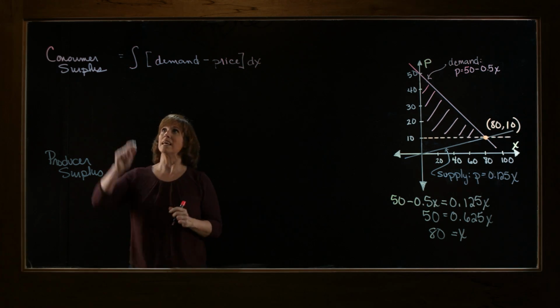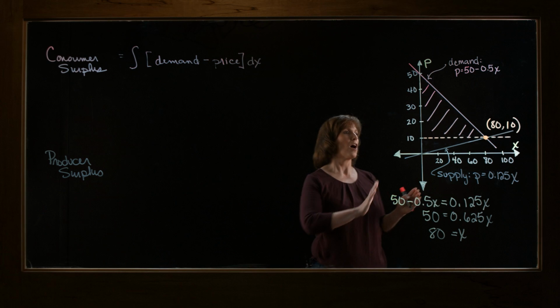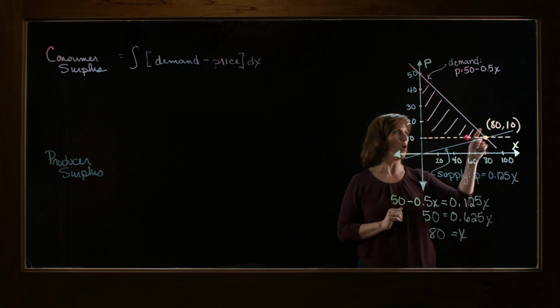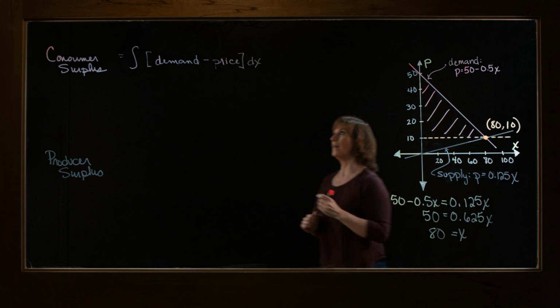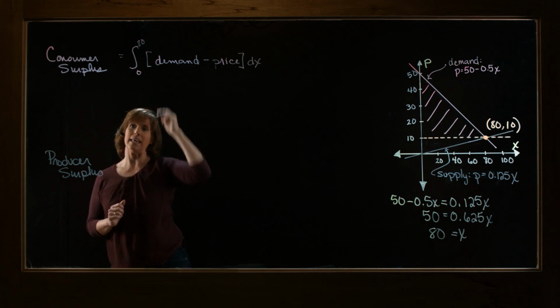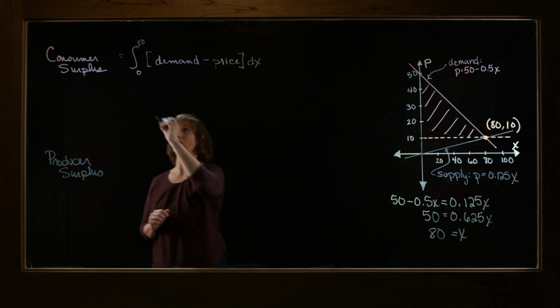The only thing missing are those limits of integration. Well, let's see, what are my boundaries? On the left side, I'm starting at 0, and on the right side, I'm going the whole way to x equals 80. So my limits of integration will be from 0 to 80. All right, let's plug in the specific information for this problem.